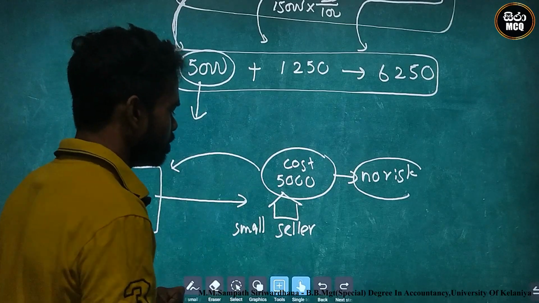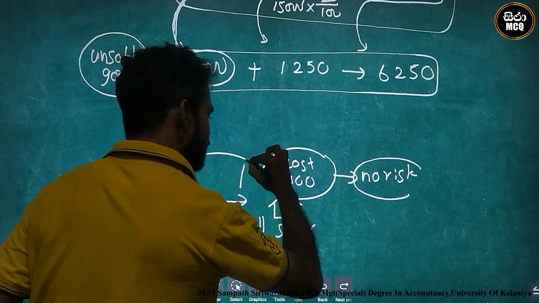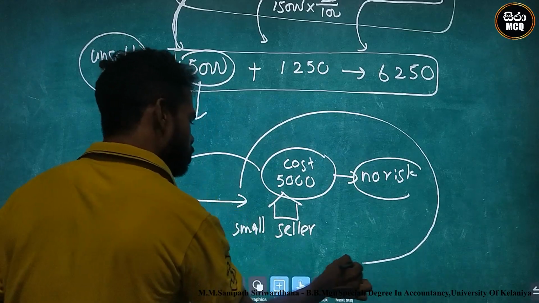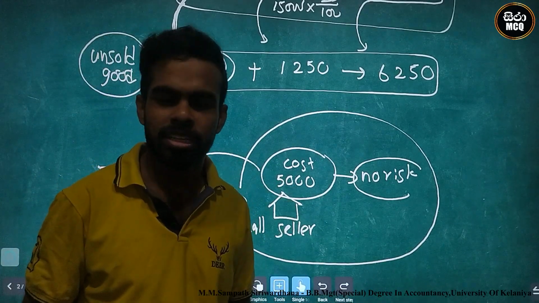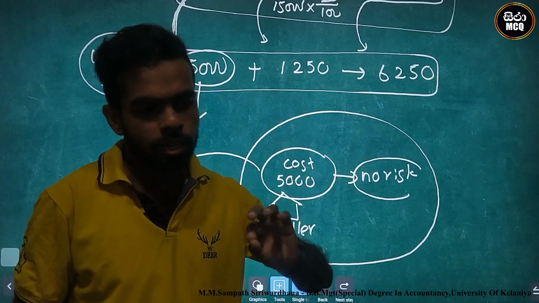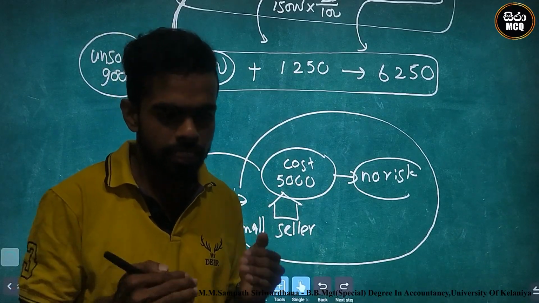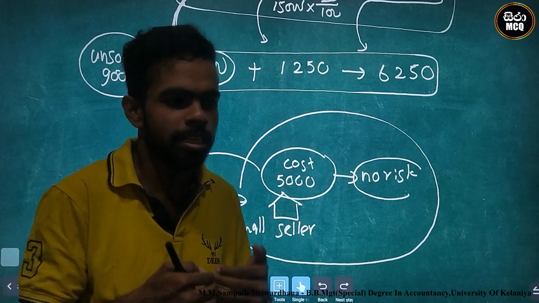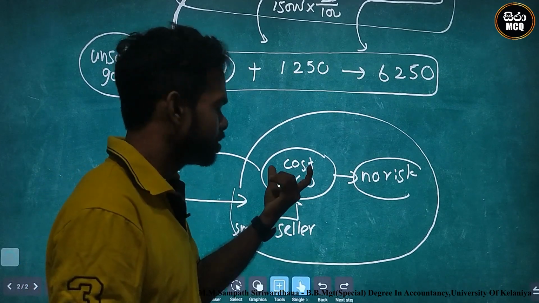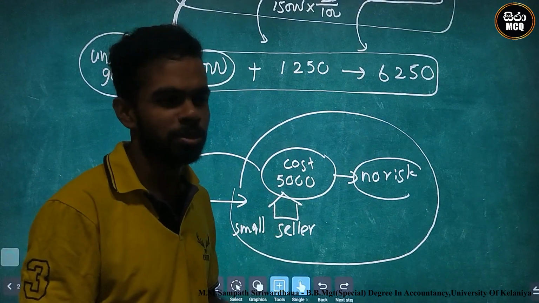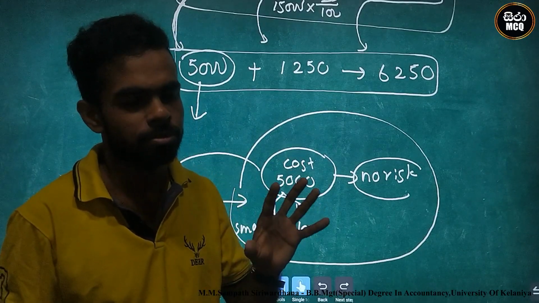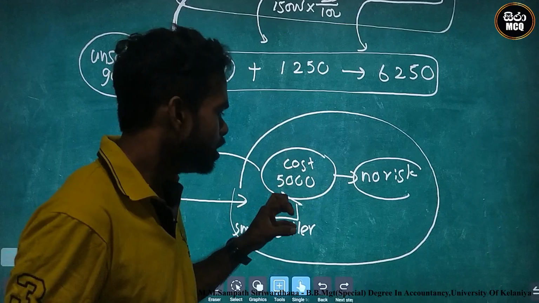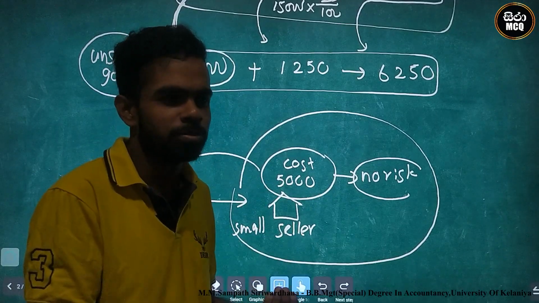Therefore, we must identify another 5,000 cost of goods as closing stock. The physical closing stock is already accounted, and we must identify another closing stock of 5,000.